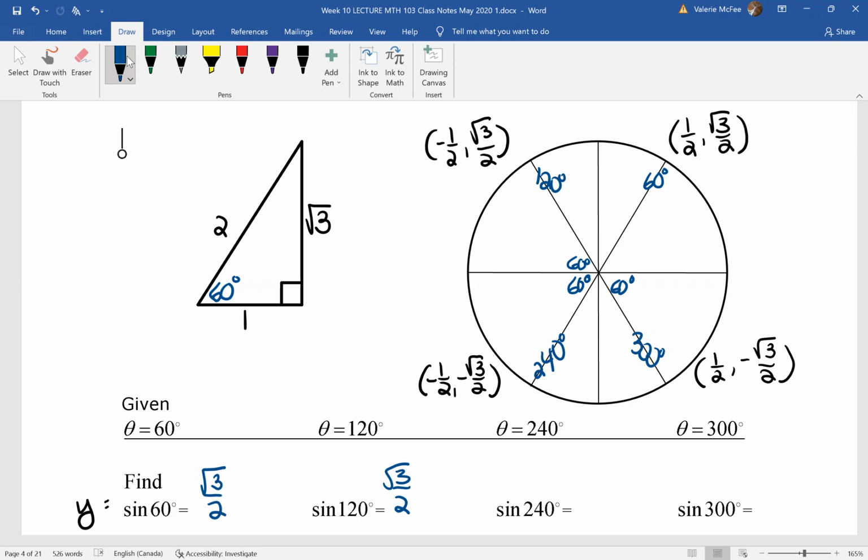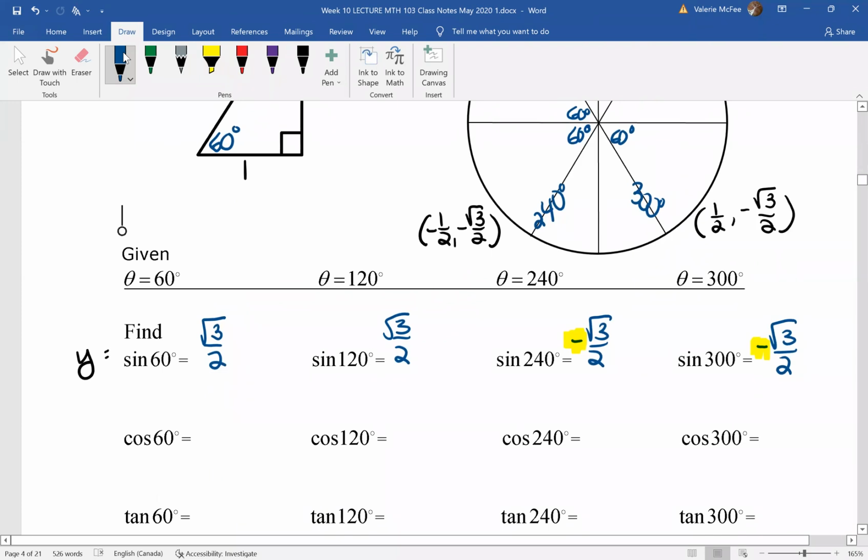At 240 degrees, negative root 3 over 2. And at 300 degrees, negative root 3 over 2. So we see, because our reference angle is always the same, we're always using root 3 over 2. The only difference is that in quadrants 3 and 4, sine is negative.